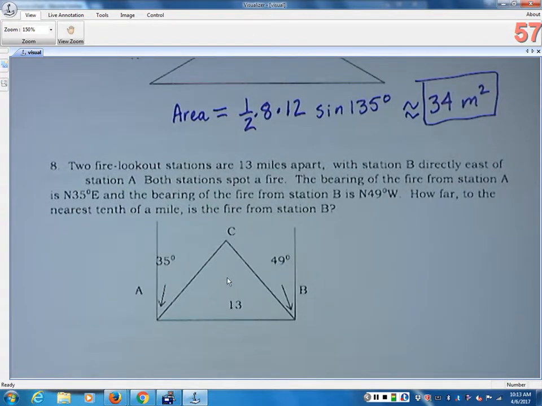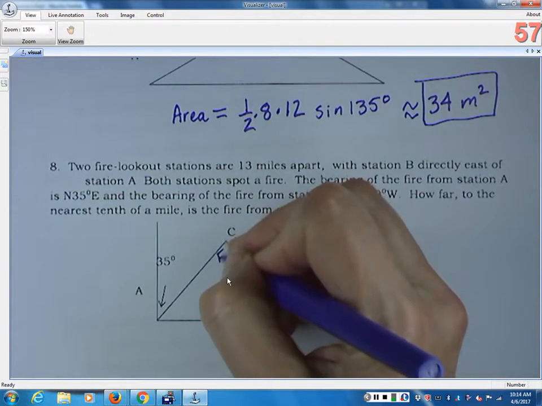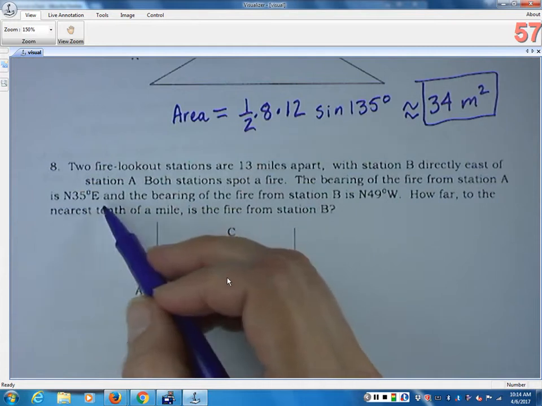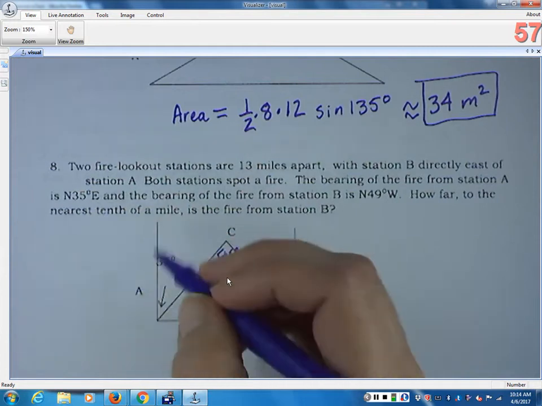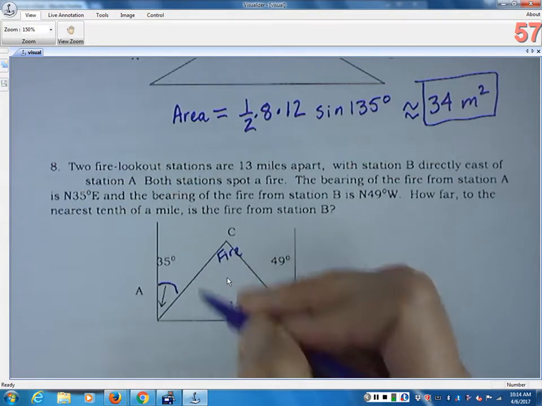With station B directly east of station A, both stations spot a fire. So this is the fire. The bearing of the fire from station A is north 35 degrees east. So it's 35 degrees east of north. This is the north-south line, so this angle is 35.